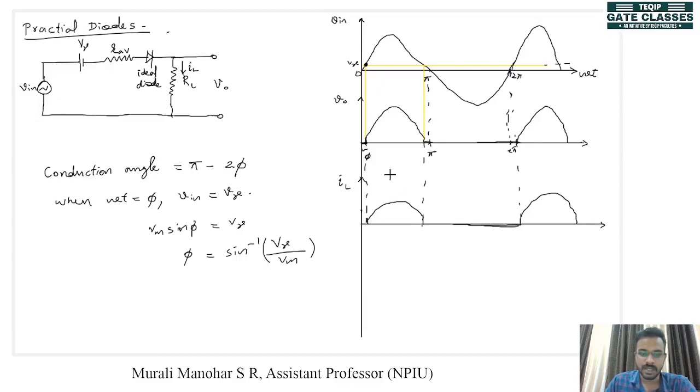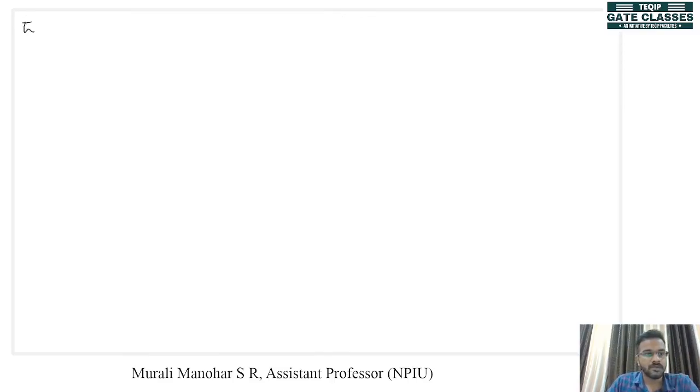Okay, this is IL, and IL of omega t is given by V out of omega t divided by RL. Okay, so in this case we can find out the efficiency.